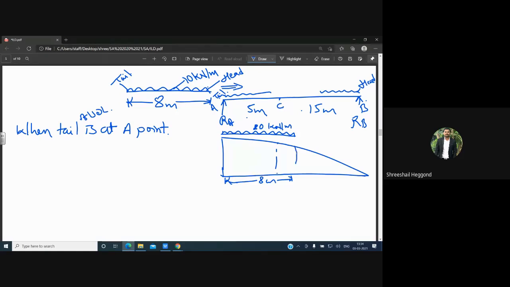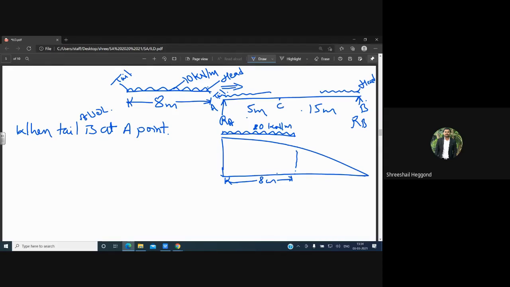For this, you need to calculate. No need of calculating the C ordinate. Why? Because we are not going to calculate anything with respect to the C point. We are calculating with respect to the head of the UDL, that is at a distance of 8 meters. Now we need to find out the ordinate first, and then the area.